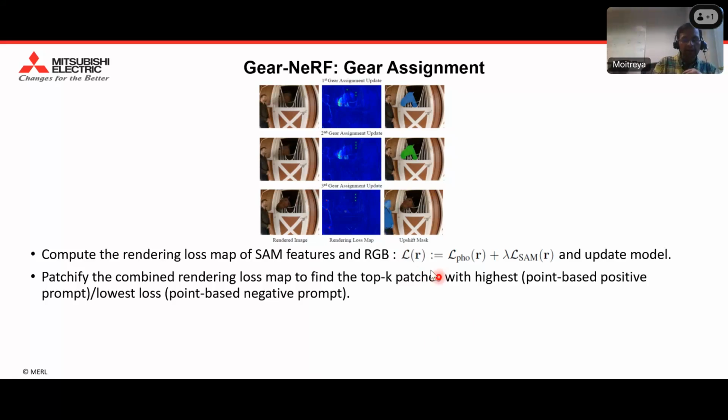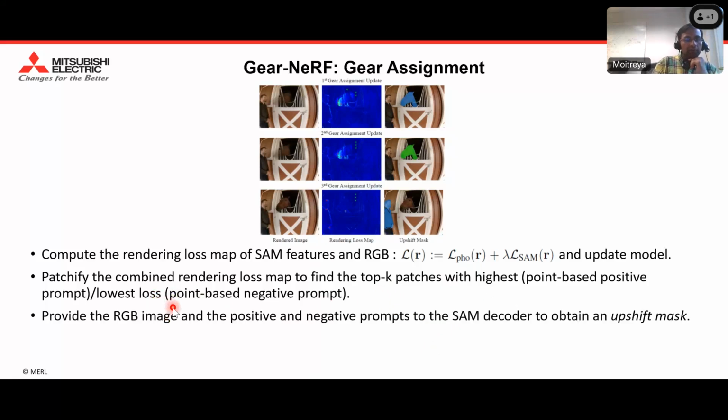Those would be the highest patches. So you take the top k such most lossy patches, and also incidentally you need the most accurately reconstructed patches as well, and provide them as prompts to a SAM encoder, right?